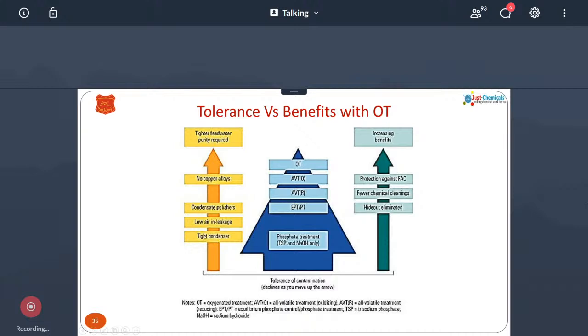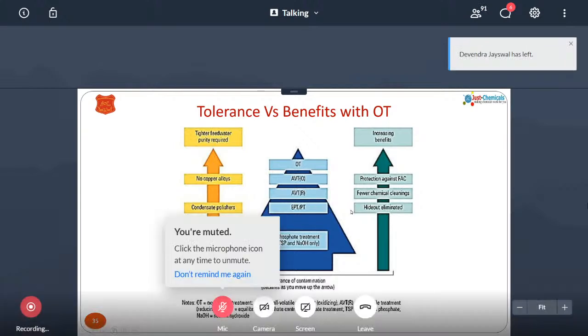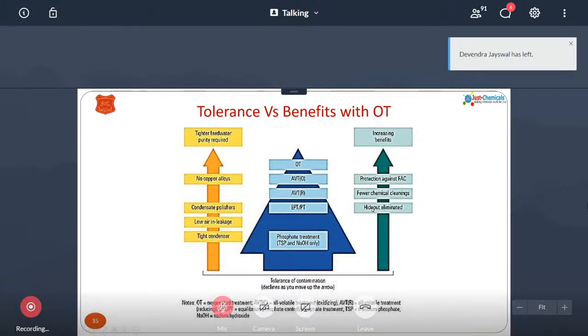Here in phosphate treatment, we required tight condensers, then we required low air in-leakage, we required condensate polisher as we went on to AVT-O, and then with oxidative treatment, we don't want any copper alloys in it. And on the elimination side, with PT, we tried to do the hideout elimination.